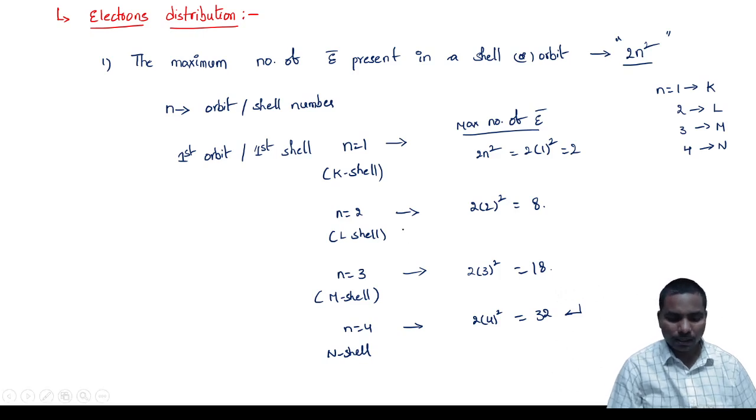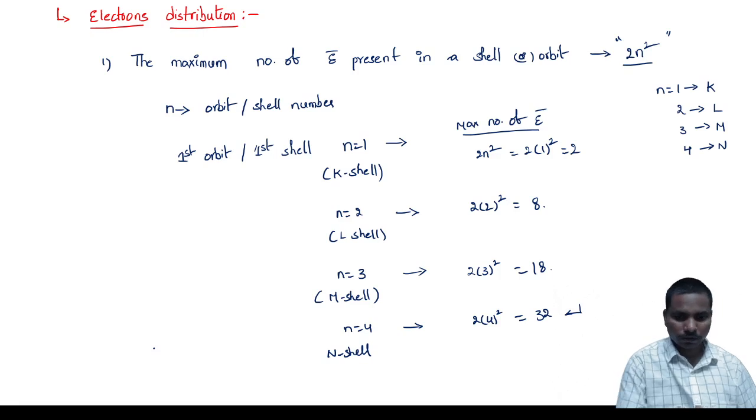Sometimes we also get the question on the number of electrons present in the outermost orbit, that is nothing but valency electrons. Note down one important point here. This is the first point.